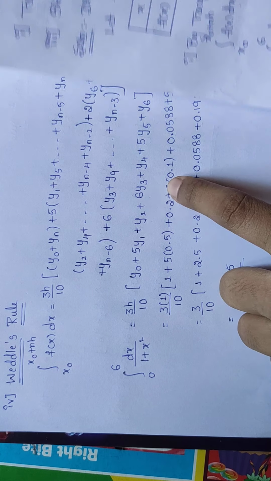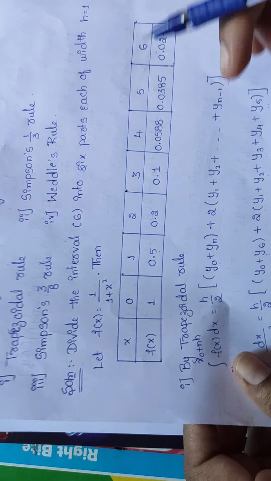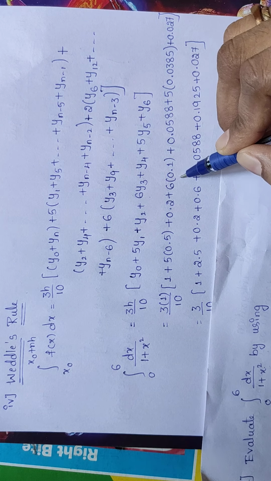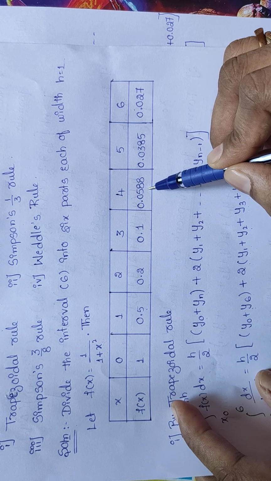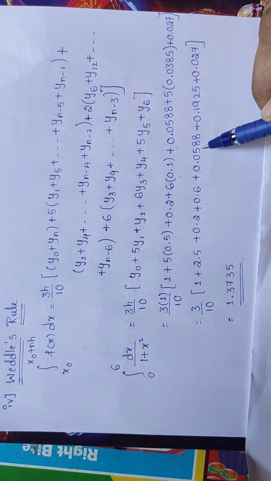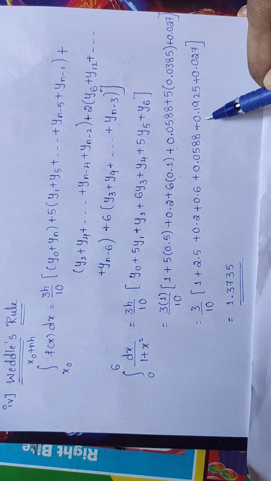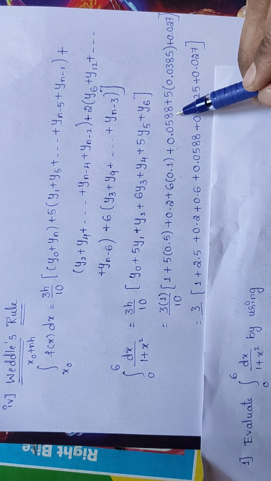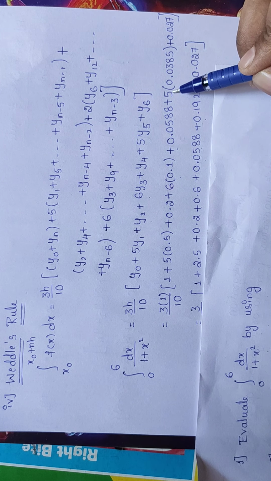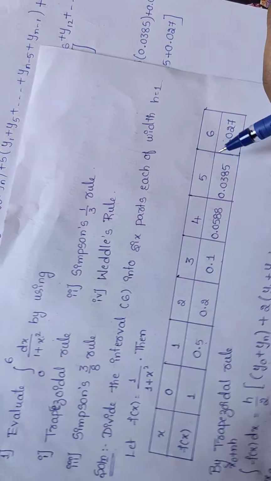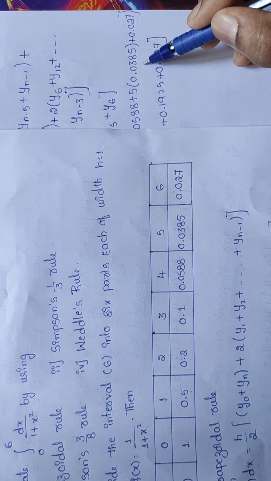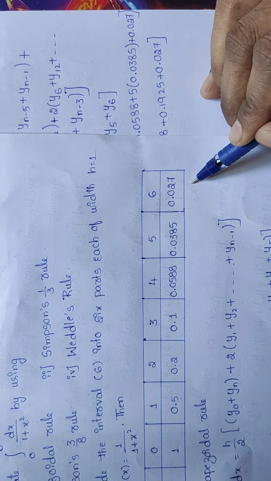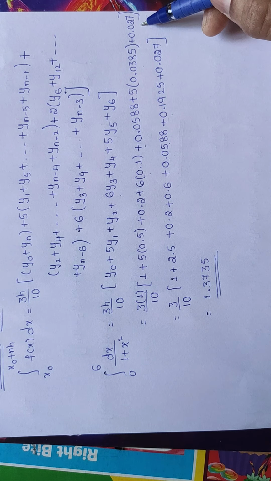So next plus 6, y3 value is 0.1, substitute here 0.1 plus y4 value 0.0588. So substitute here 0.0588 plus next y4, it is completed. Next 5, write down. Y5 value is 0.0385, write it here 0.0385 plus y6 value is 0.027, substitute here 0.027.